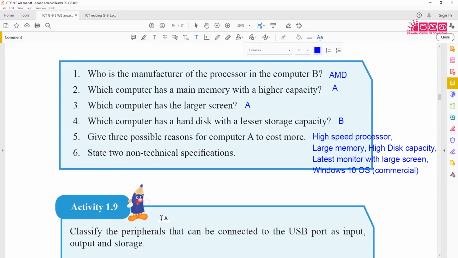So we can say price and warranty, so warranty and the reputation, after sales service and so on.